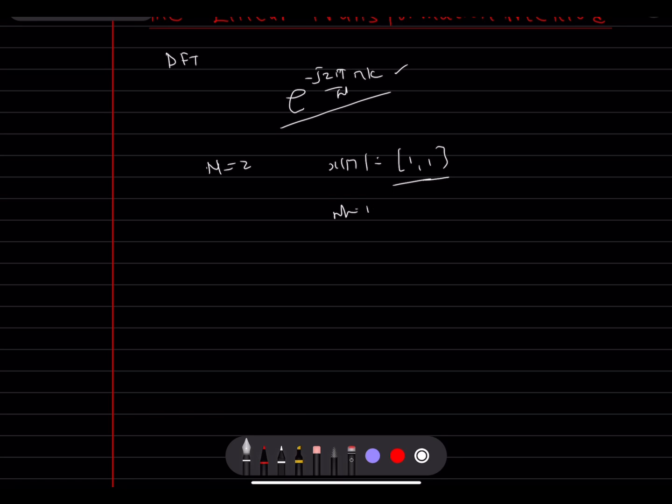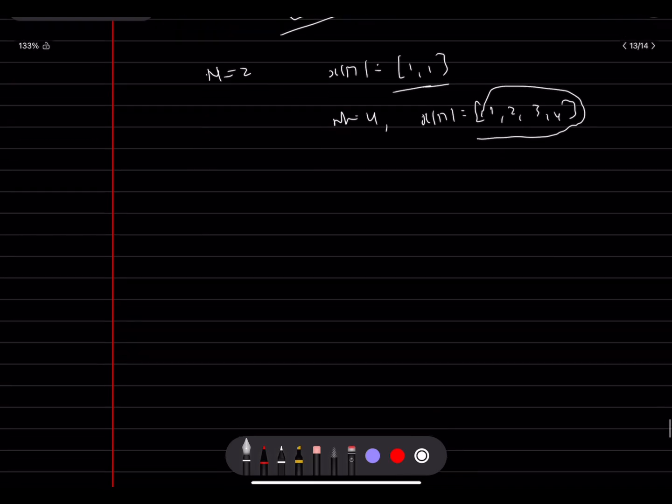When you have N equal to 4, for example, x of n equal to 1, 2, 3, 4, though it's easy to compute, it actually wastes a lot of time. So as you can see, the time-consuming nature of this question comes into play when the size of the sequence is increasing.